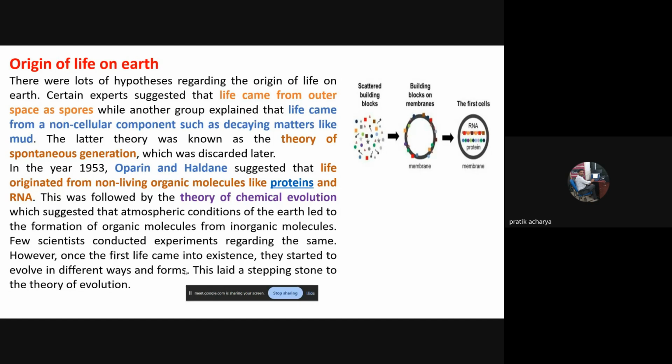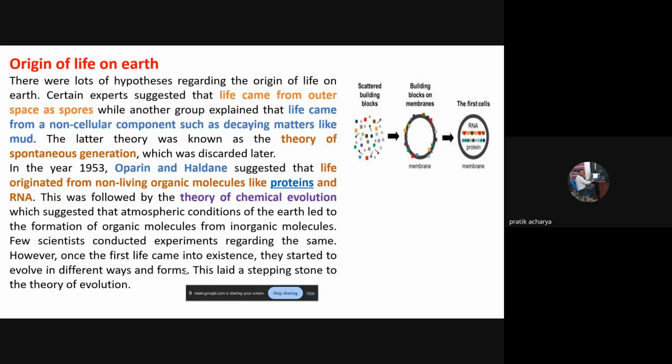Then the biological substances, when they acquired certain nucleic acid material like RNA, DNA, they converted to a complete cell, the primitive cell.